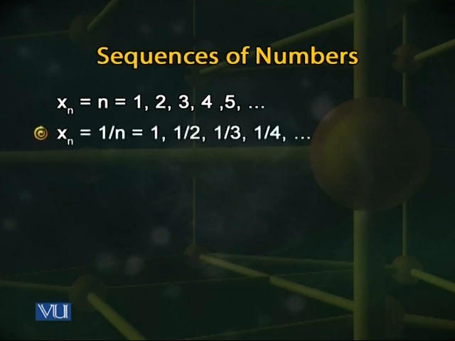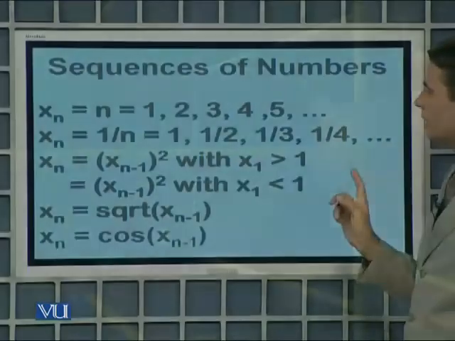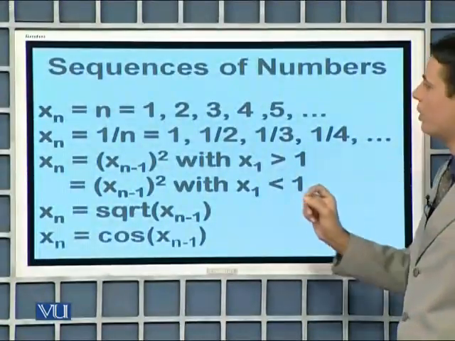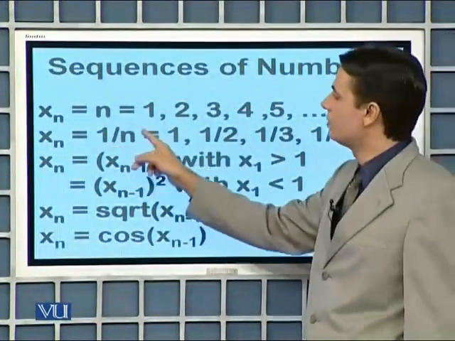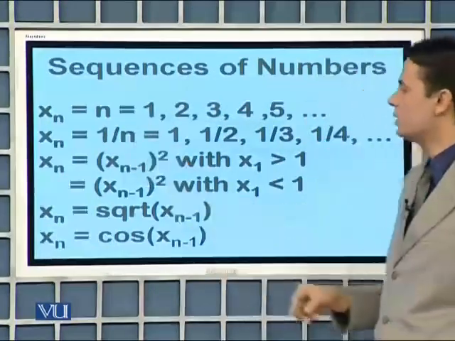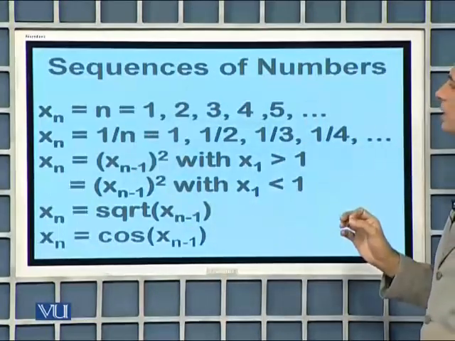The next sequence is xn is equal to 1 over n. So actual values are 1, 1 over 2, 1 over 3, 1 over 4, and so on, all the way towards infinity. This sequence appears to be approaching the value 0, because as the denominator of this simple fraction keeps on increasing, the value of this positive fraction keeps on decreasing.